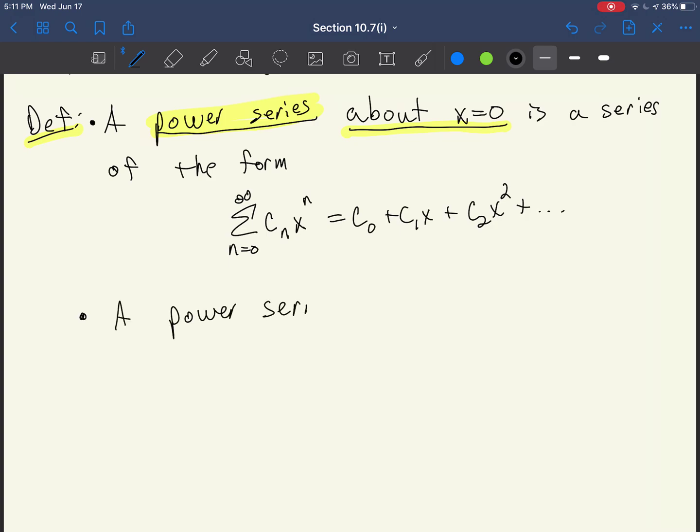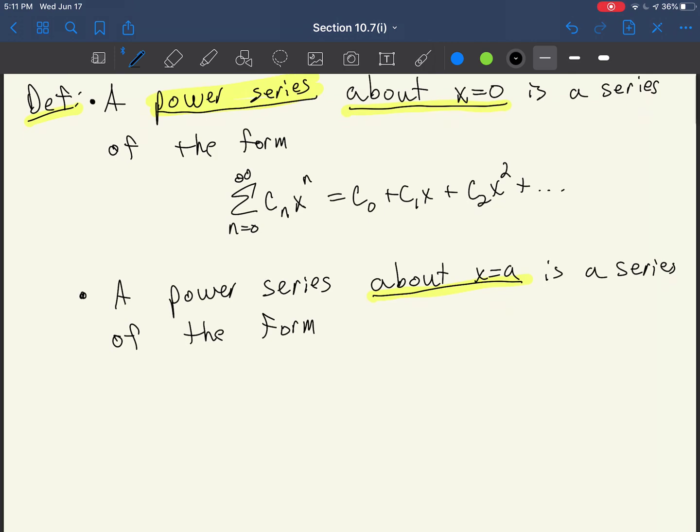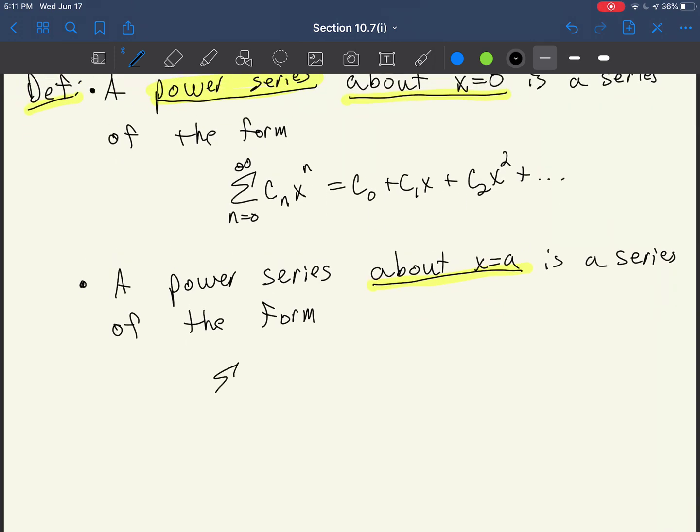If we have a power series about x equals 0, then we can also have a power series about x equals any number. So about x equals a. Power series about x equals a is a series of the form summation from n equals 0 to infinity of Cn (x minus a) to the n.